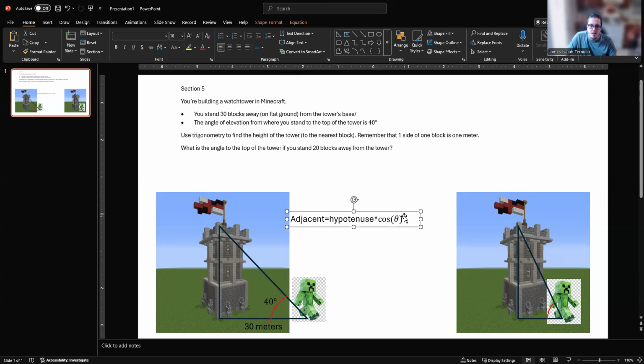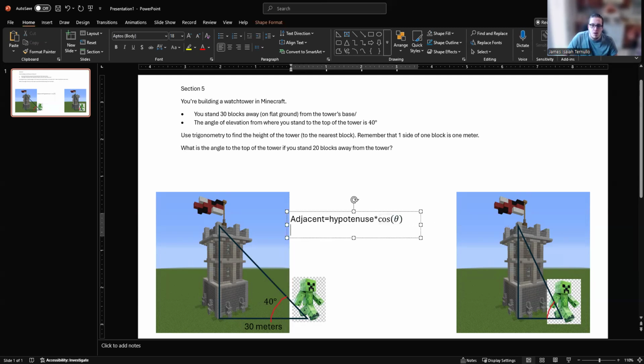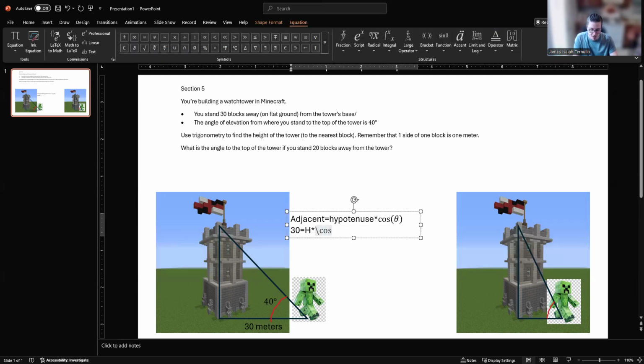All right, so we know our adjacent value. We don't know our hypotenuse. We're just going to call that big H for now. And we know that our angle is 40 degrees.